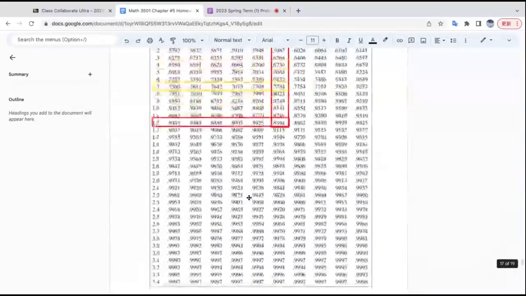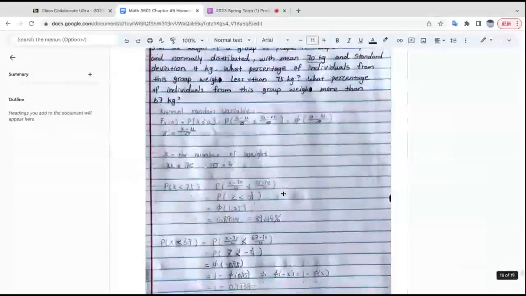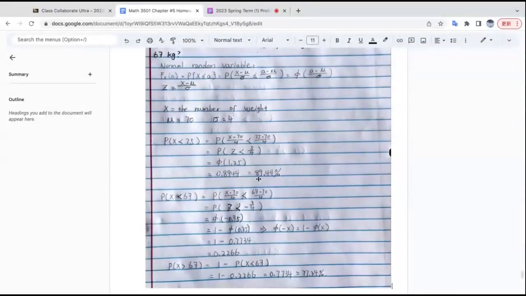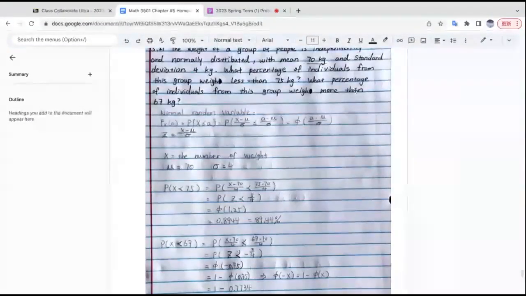By the table, Phi of 1.25 is 0.8944. So the answer is 89.44%.